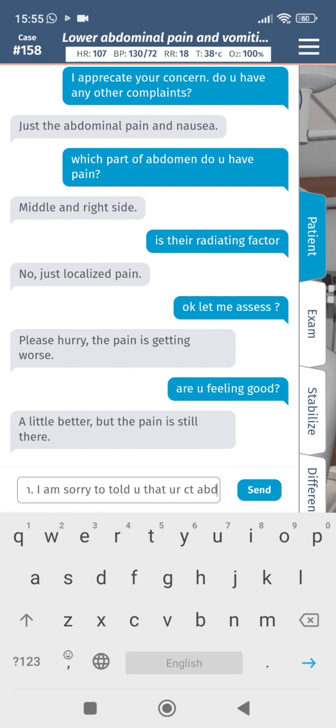Okay, now we will tell him about his diagnosis of appendicitis, about the CT abdomen finding. Okay, let's show that you have appendicitis, which is basically an inflammation of appendix.